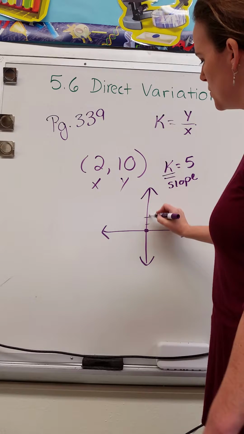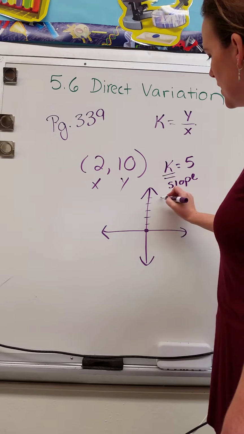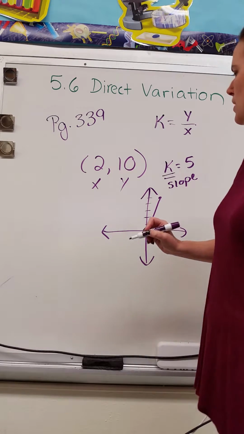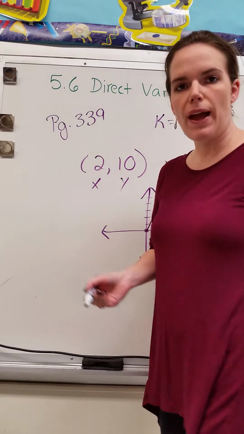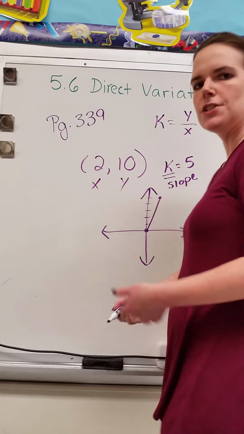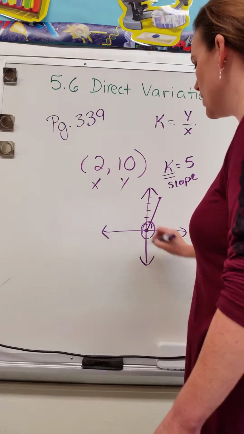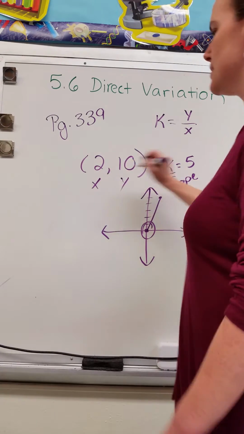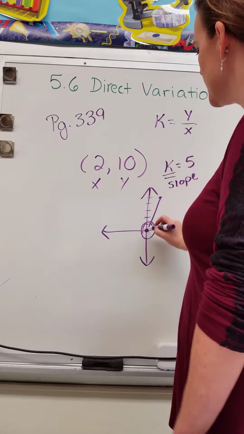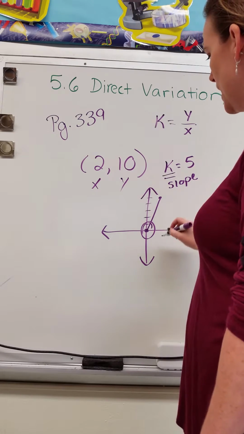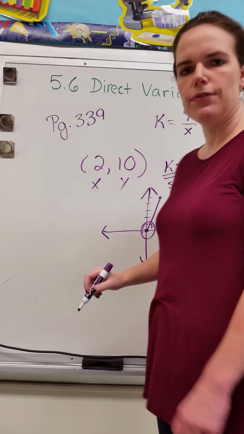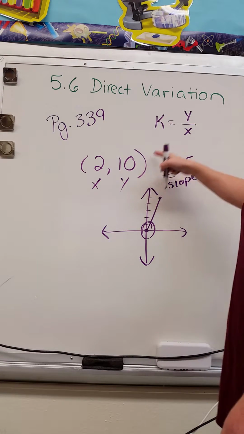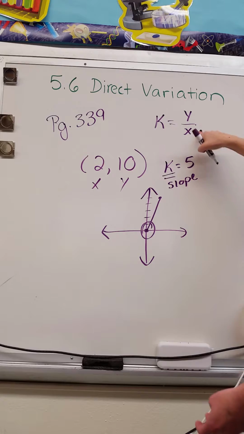So you're going up 1, 2, 3, 4, 5, and then over 1. That would be your graph. Perhaps an even easier way to think about the graph is, it always goes through 0, 0. That point will be there 100% of the time. Just plot the other point. So plot 0, 0, plot 2, 10, and you've got a graph. But if they're asking what the k was, you're just taking this y divided by x.